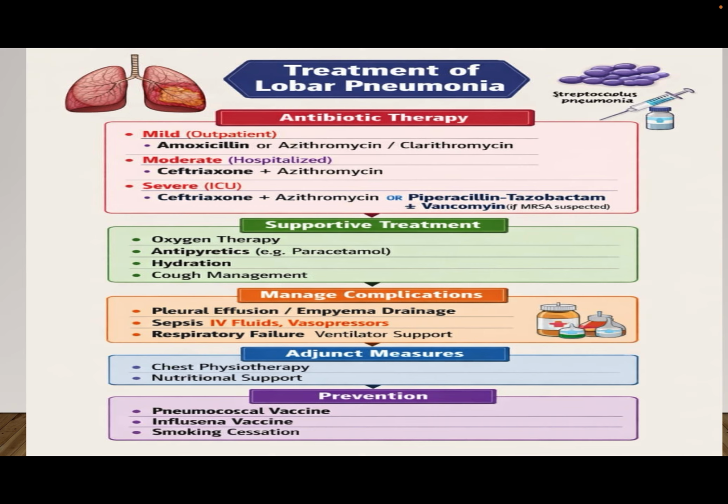If the disease is moderate or the patient is hospitalized, then ceftriaxone with azithromycin is given. If the case is severe, that is, the patient is admitted to the ICU, then ceftriaxone with azithromycin is given.